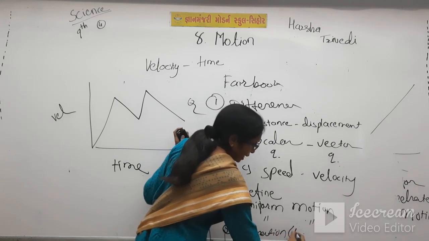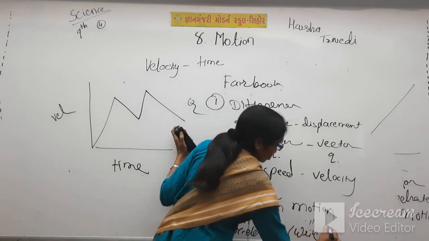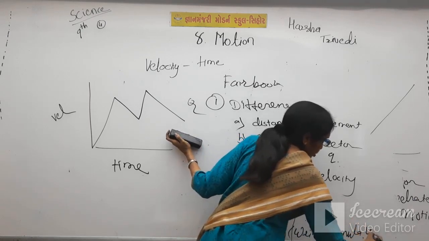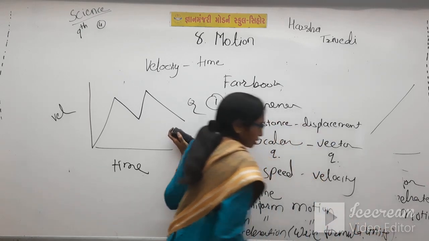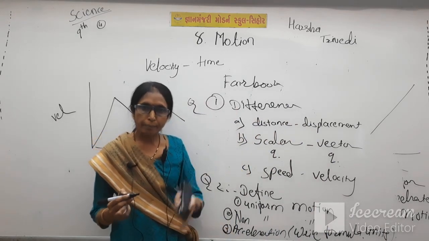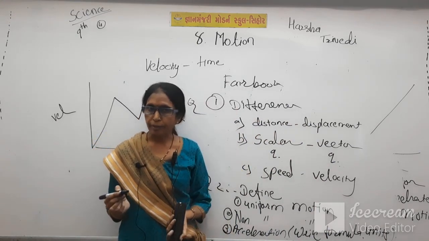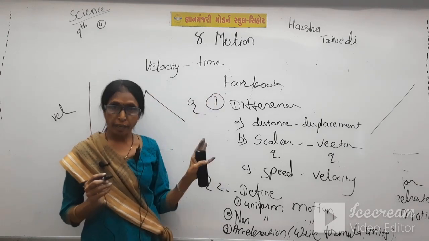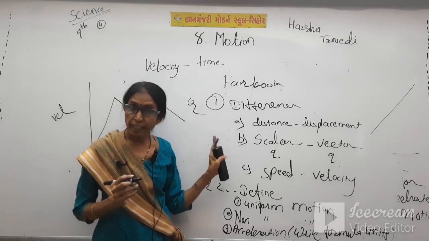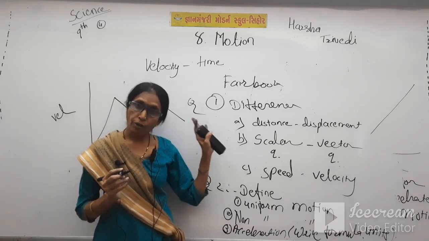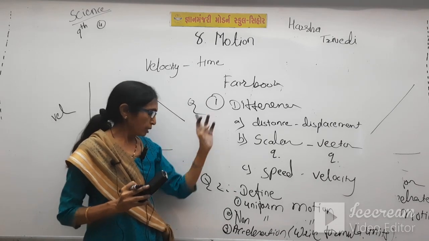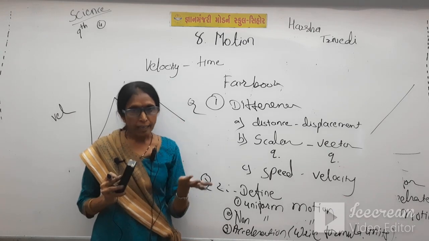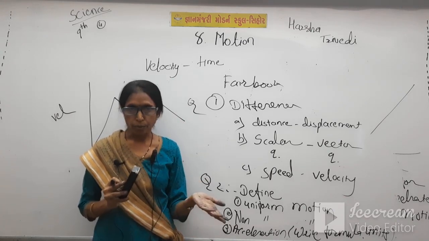In acceleration you have to write the formula and units. Why units? It can be meter per second, it can be kilometer per hour. So these you have to write in your fair book. This is the starting of the chapter for your fair book. Write question number 1, question number 2. As we go further, I will tell you what you have to write in your fair book.